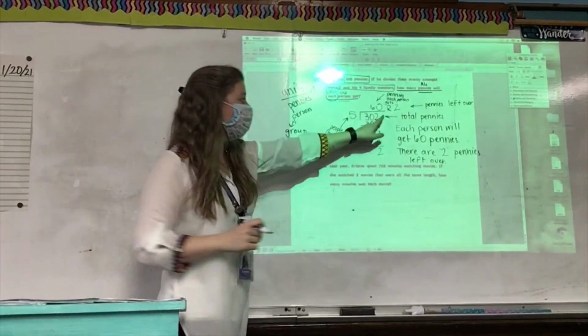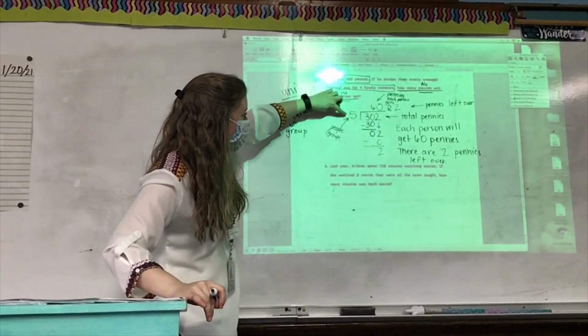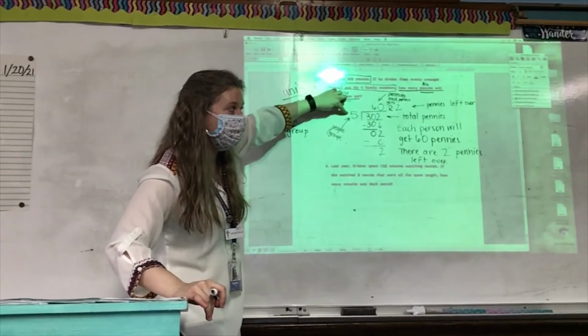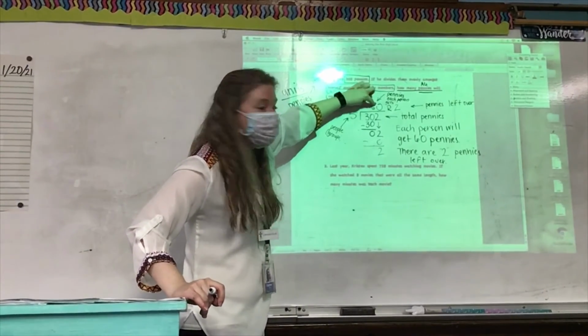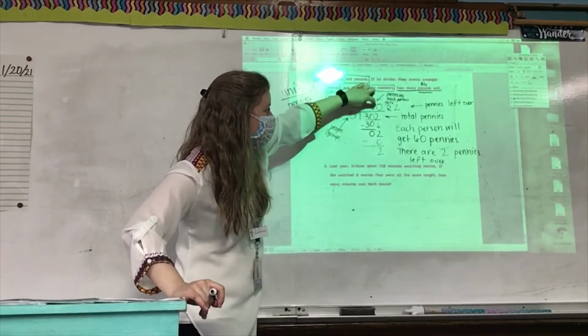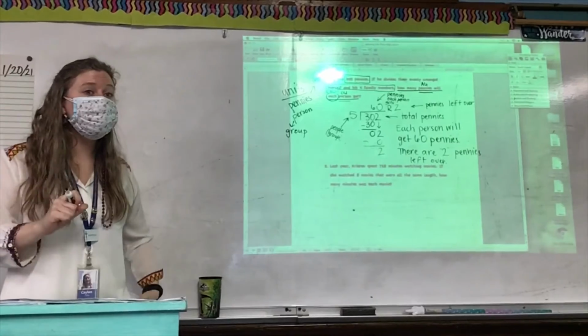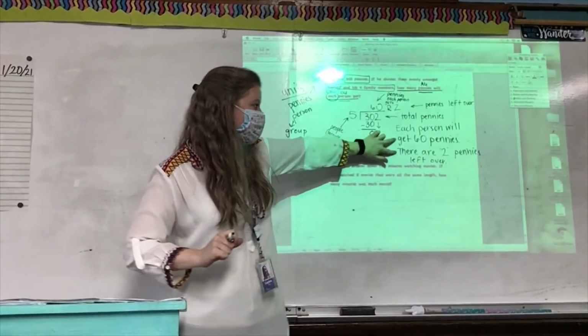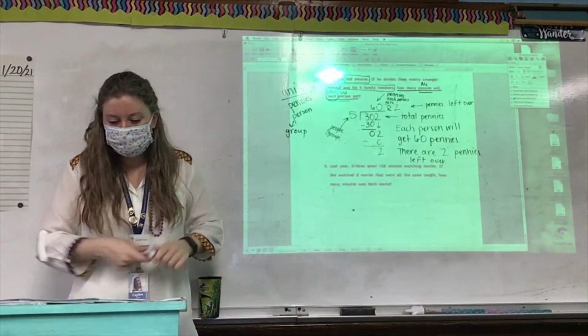Because see, 302 total pennies divided into 5 groups, 5 people, is 60 pennies that each person gets with 2 pennies left over. It's so easy to find the exact answer if you label everything. It is so easy. Okay, let's go back.